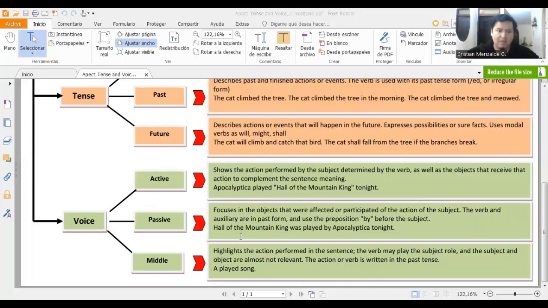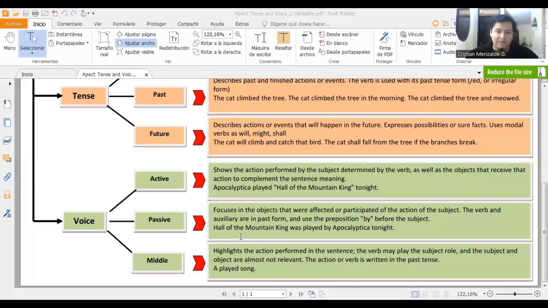Okay. Now, regarding the voice, in grammar, voice refers to the relationship between the action of the verb and the subject, and also the influence that action has on the object that participates in the sentence. Okay, let's take some examples.